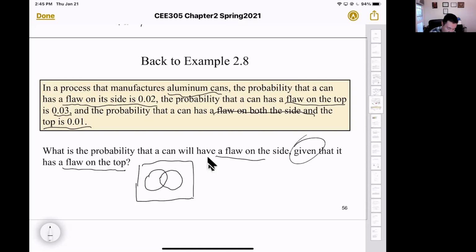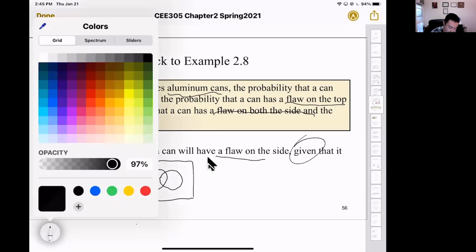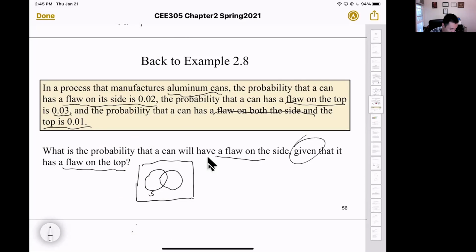Let's say this circle is a flaw on the side, and this circle is a flaw on the top. Then let's put in what the question tells us already. The probability a can has a flaw on the side is 0.02.